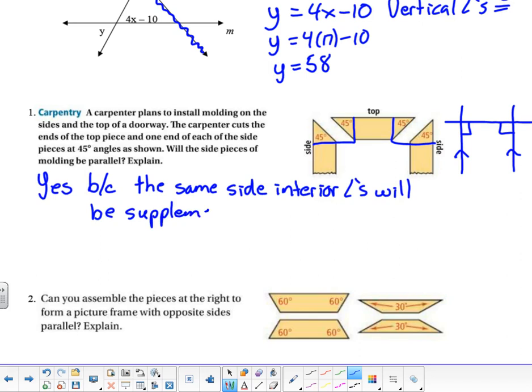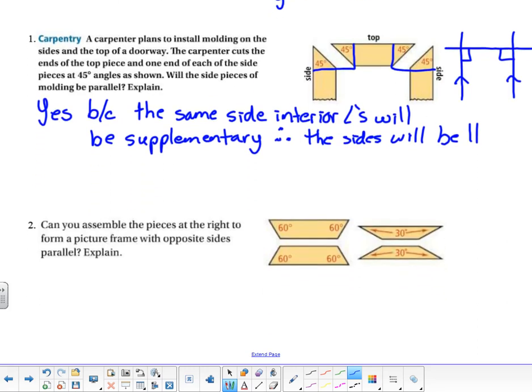And so therefore, therefore these little 3 dots mean therefore the sides will be parallel. If you've ever done any molding, it's a tricky thing, the way you have to cut that, and getting those angles right can be a really tricky thing.